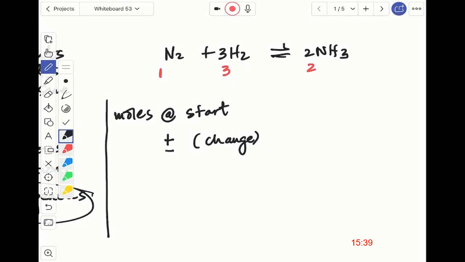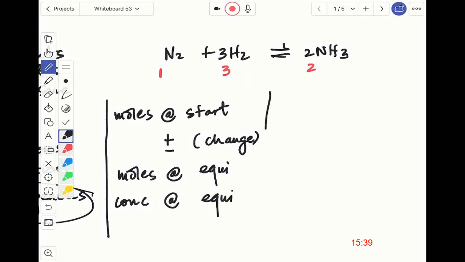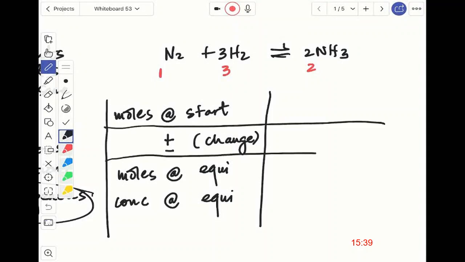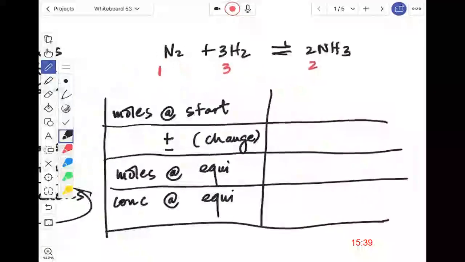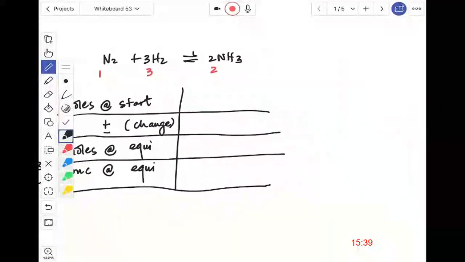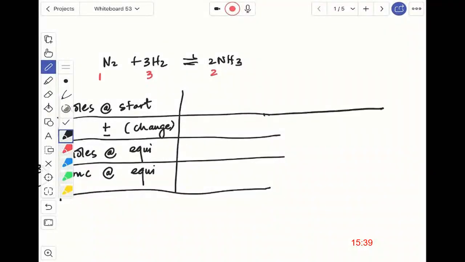Then I use moles at equilibrium. And then concentration at equilibrium. And I make those 4 rows. Let's make those bigger.